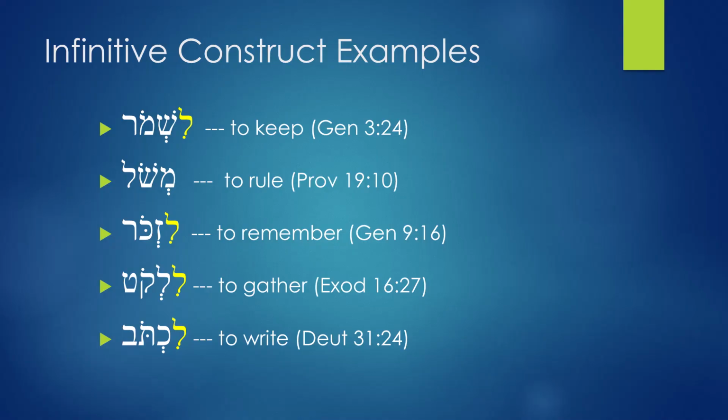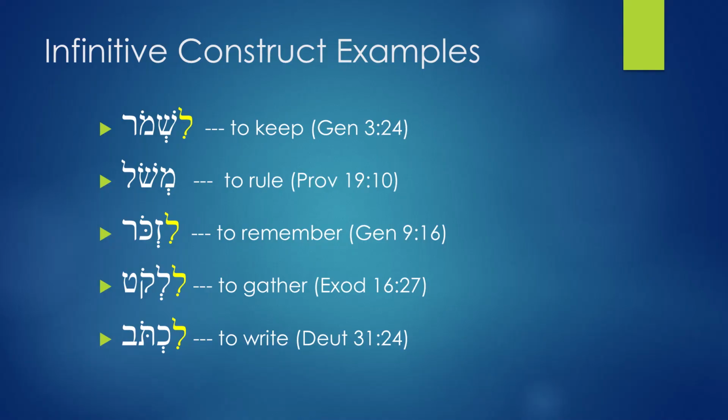Another example is lizkor. Lizkor is coming from zakar, which means he remembered. In the infinitive, it's to remember. Next, you have liqot. Liqot means to gather.